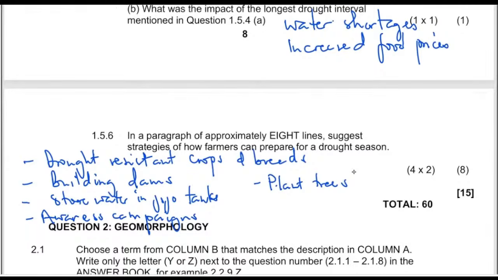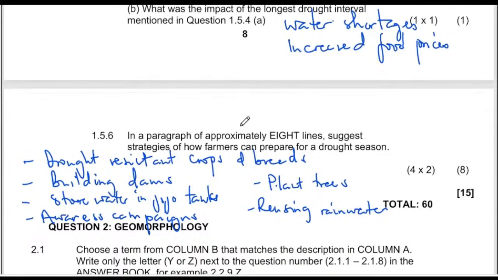And also we look at the other measures that can be used, like reusing rainwater. That is what the farmers can do to try to help the situation of a drought.